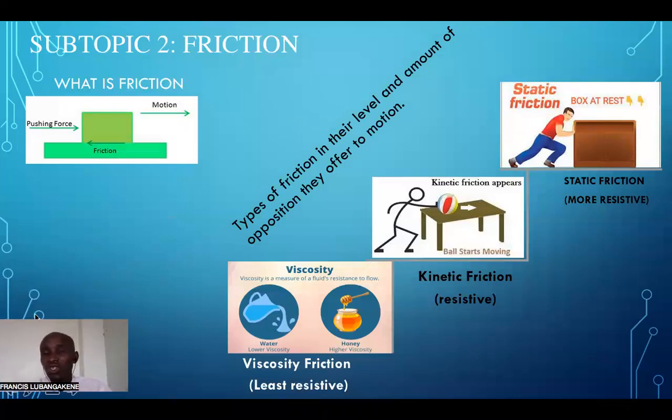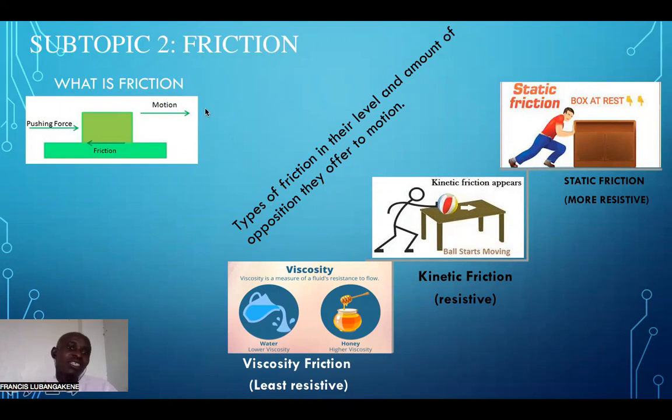What is friction? When we picture this visual, you can see that there is an opposition to motion, as the motion is going in the opposite direction, to the east, or to the west, if I may indicate this direction of friction, as the pushing force is pushing inward.